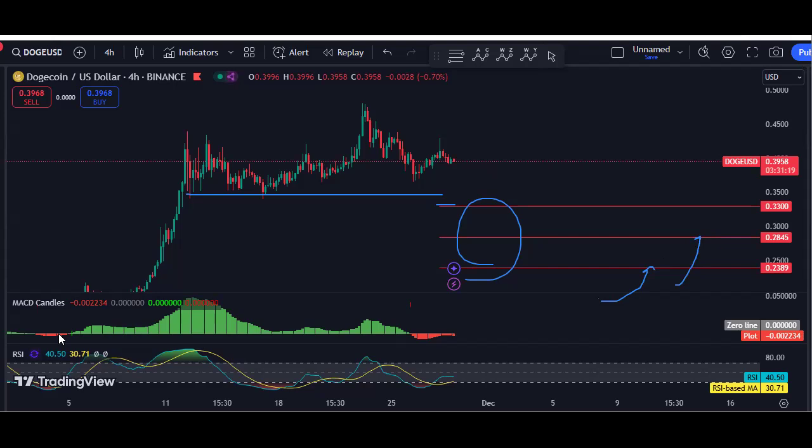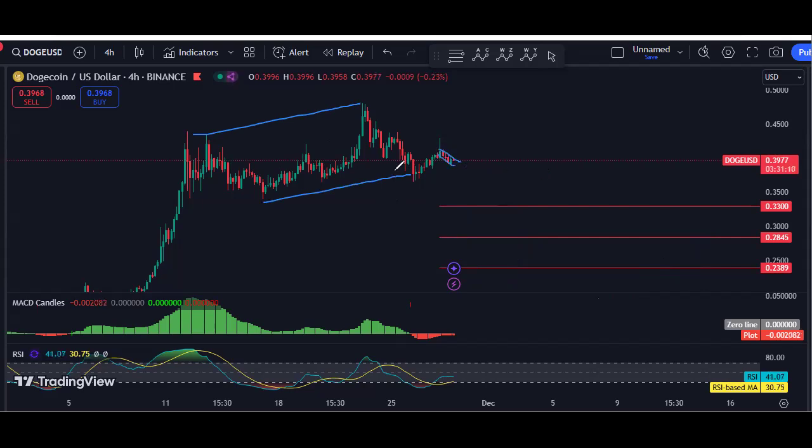Then to make it very simple, at this point I'm looking at this one as a flat. For any opportunity to buy from here, as long as the price hasn't broken this low, I will take it. But if we see the breakout of this low, even the breakout of the 33, then from there we can look for the reversal, and mostly we have to look for the divergence. But at this point, we don't need to care about that.